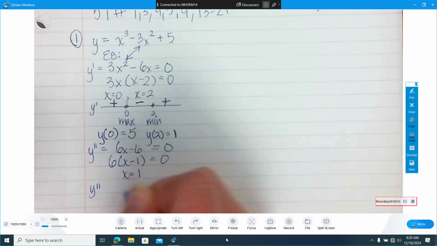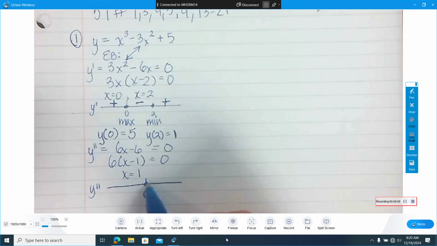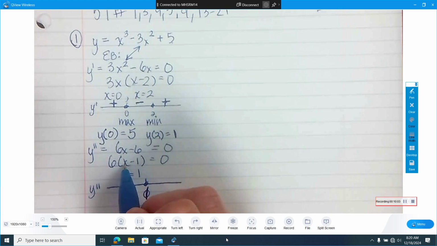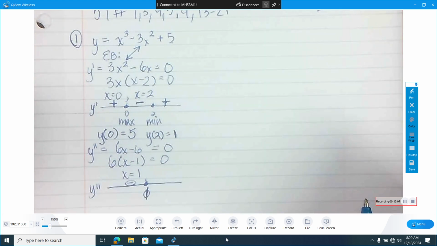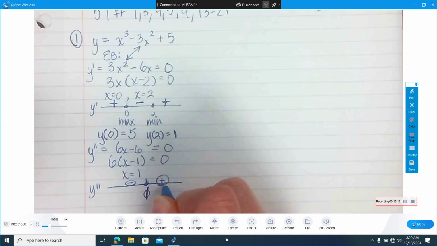And again, little number line here. Oh, that's supposed to be a 1. To the left of 1, we might have 0. So that's going to be negative. And then to the right of 1, like plugging in a 10, we'd have positive times positive is a positive result there.